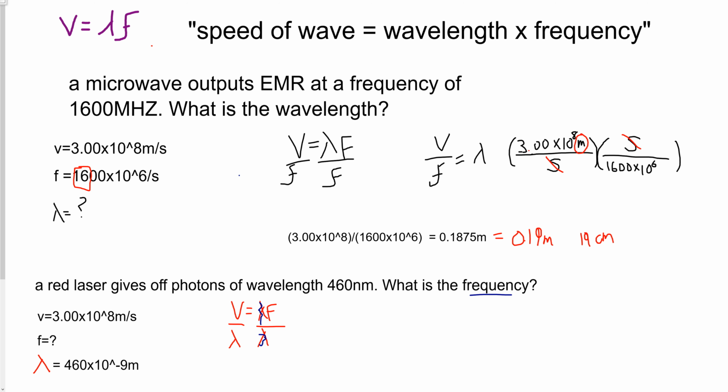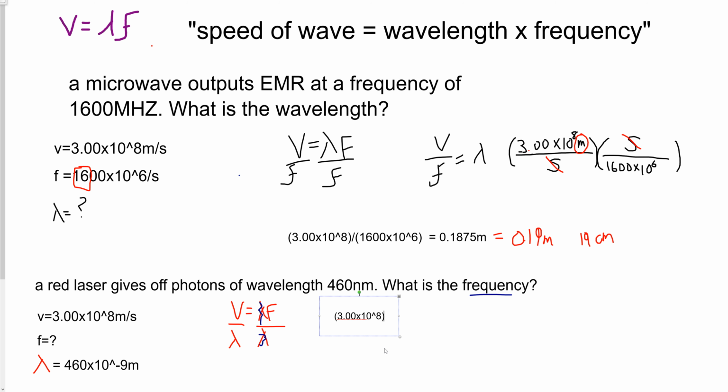So now all I have to do is do the division. So here goes. I'll show you how to enter it into your calculator. So 3.00 times 10 to the 8 meters per second, or rather, since we're doing it in our calculator, you don't want to put units in your calculator. Just be aware of them.